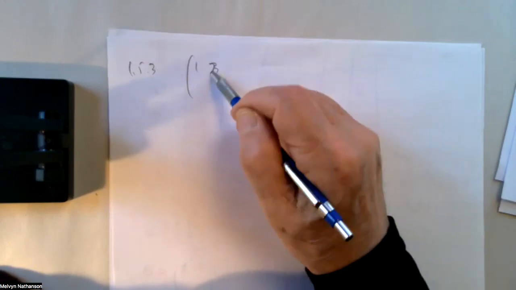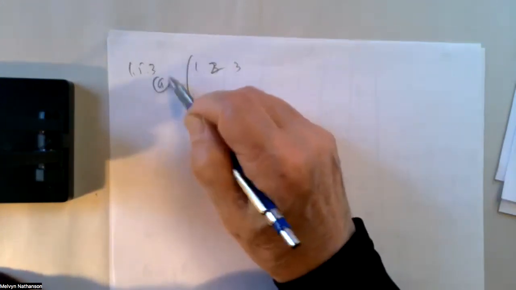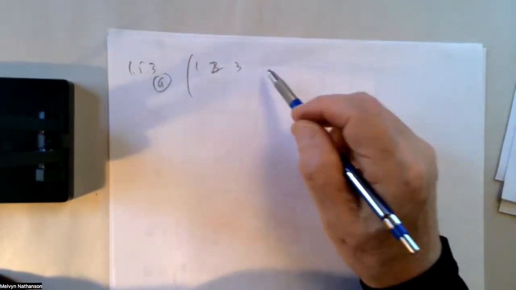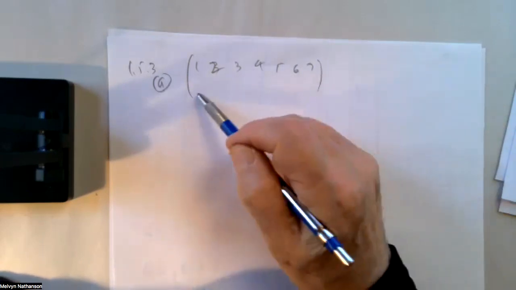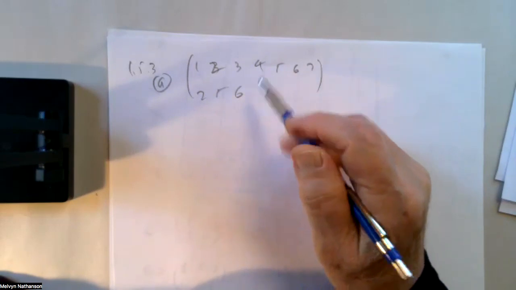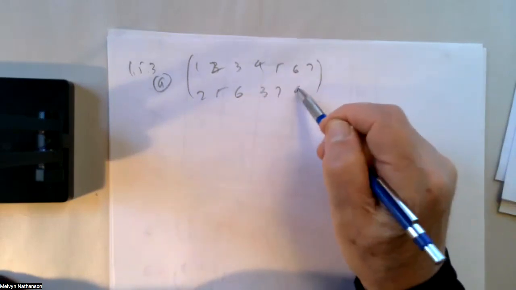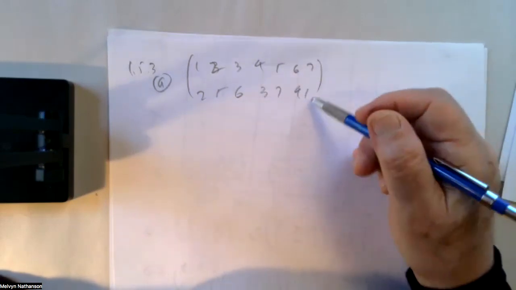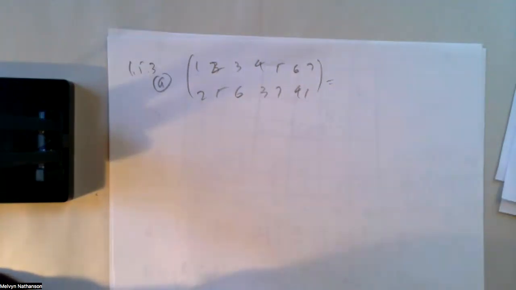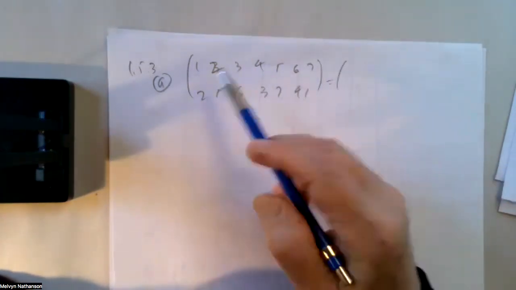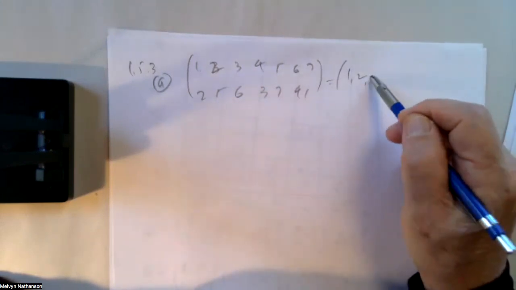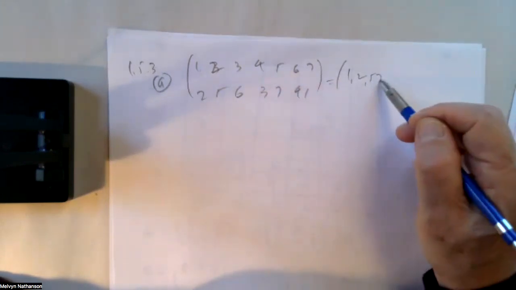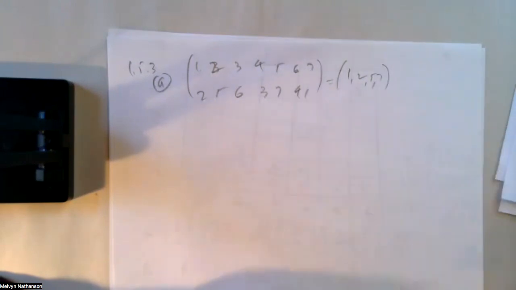I have the permutation 1, 2, 3, 4, 5, 6, 7 going to 2, 5, 6, 3, 7, 4, 1. This is part A. And we want to write this as a product of disjoint cycles. So we can say 1 goes to 2, 2 goes to 5, 5 goes to 7, 7 goes back to 1.